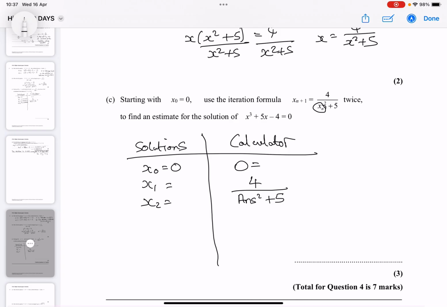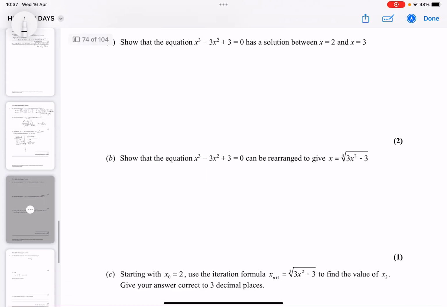I've got my fraction button, I've got 4 over ans squared plus 5. Should be S to D 0.8 for the first one, and the second one is 0.7092198. Okay, to 7 decimal places. Yeah, good. How many more of these?